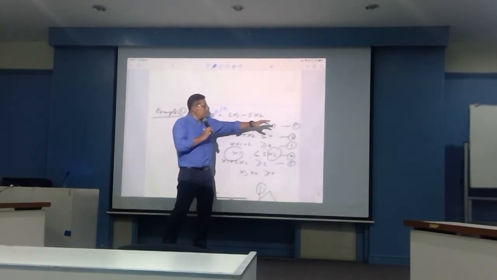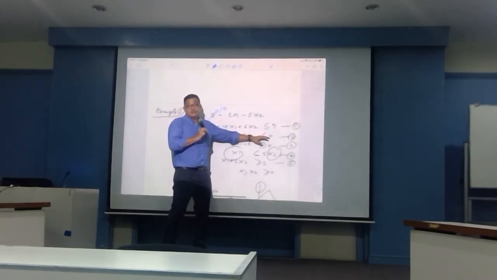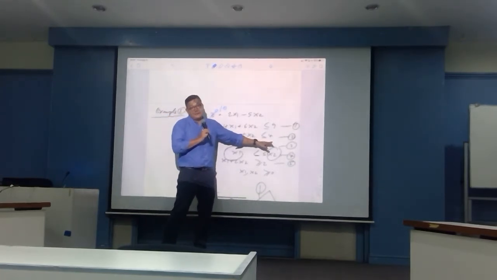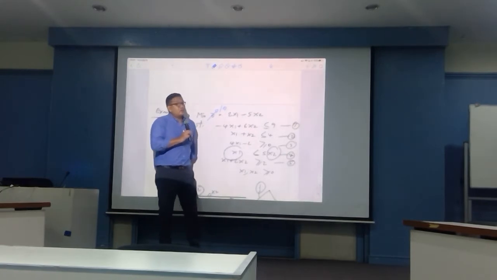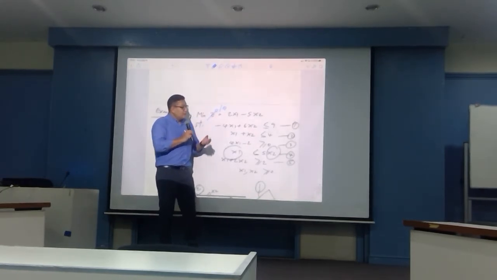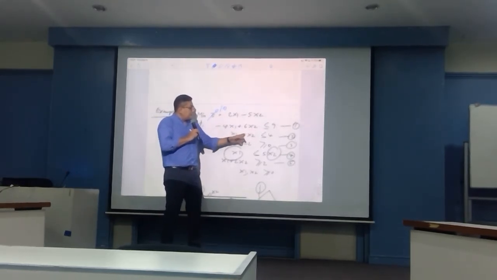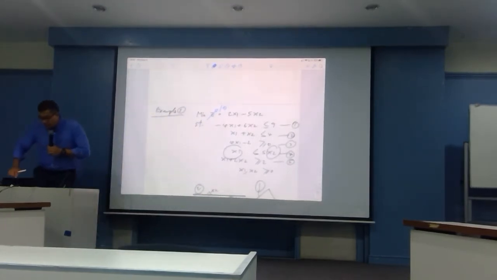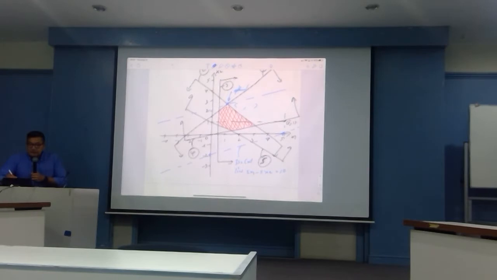And then I add constraint 1. We are going to have 10x2 equal to 25. So x2 is 2.5. If we substitute x2 to be 2.5, x1 is going to be 1.5. So this is the coordinate of the intersection point. The answer is x1 is 1.5, x2 is 2.5.